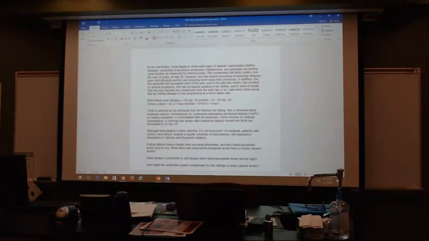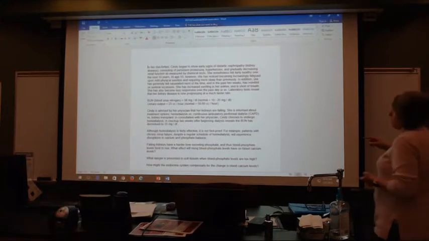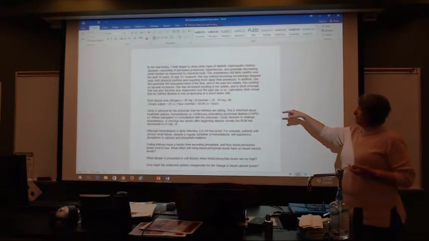Gradually decreasing renal function. Now, we haven't gotten to the kidneys yet, but when you hear a term dealing with renal, it means the kidneys, okay? And this is given to us by chemical test.